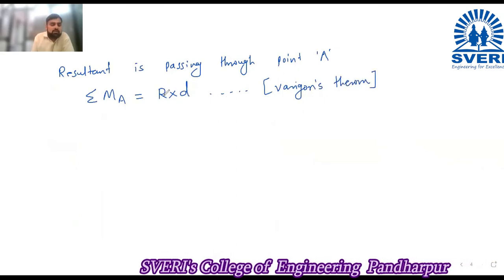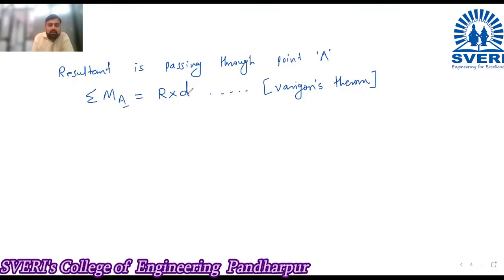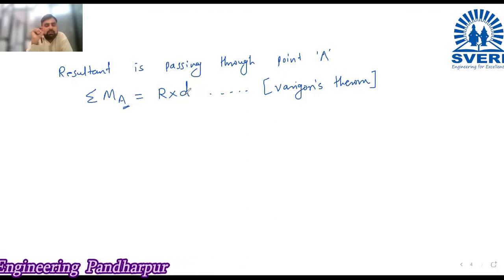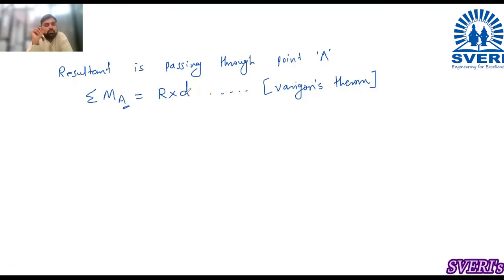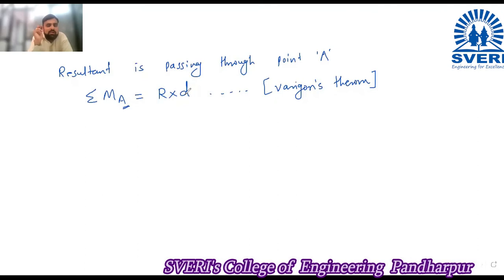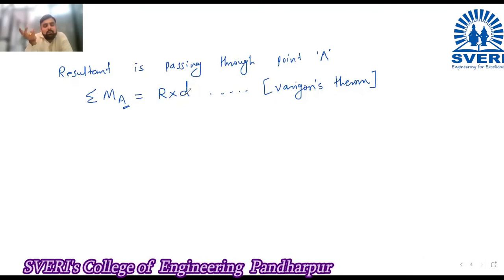So this is the formula, but if the resultant is passing through this point A, then the perpendicular distance of the resultant is how much? 0. You are taking the moment about point A, and the resultant is passing through point A. So what is the distance of the resultant from point A? It is 0.